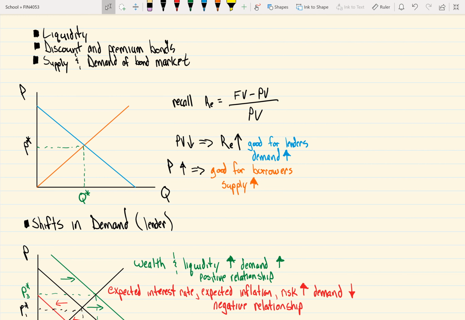So my bond will now be at a discount. And on the flip side of that, if rates go down and I still have a 5% coupon, and in the market you can only get 2%, then obviously my 5% bond is worth more.